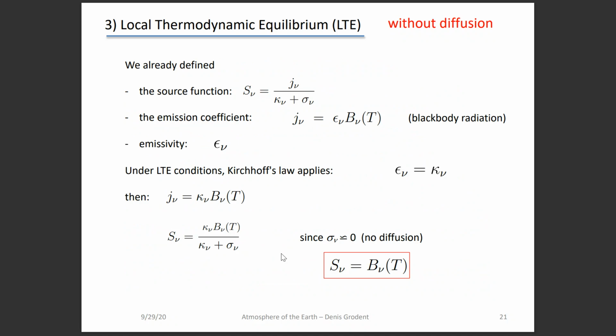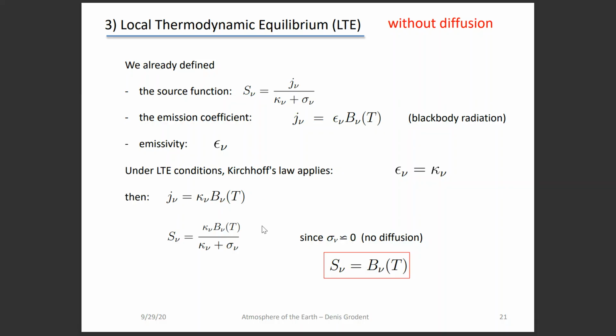So local thermodynamic equilibrium, we have some definitions right here. We can assume that the emission coefficient follows the blackbody radiation. So this is LTE, with emissivity that varies with the wavelengths. Under LTE, Kirchhoff's law is applied: absorptivity is equal to the emission, so the source function can be simplified.